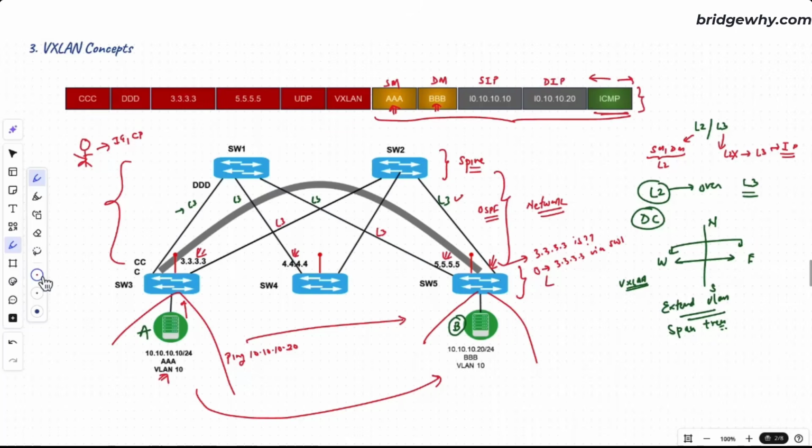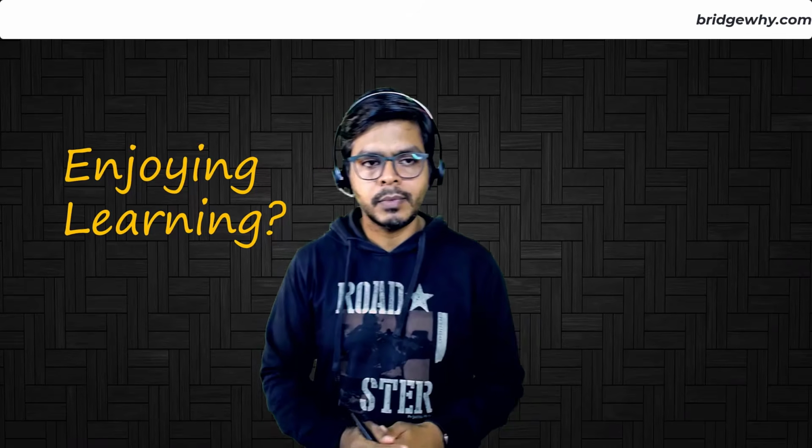He knows that host BBB is actually behind 5.5.5.5. What is 5.5.5.5? This switch, right? But how does this guy get this information? This is all about the control plane of VXLAN, and in most data centers we use EVPN as the control plane.